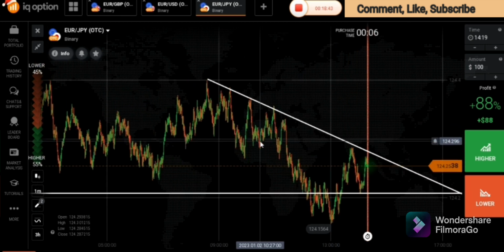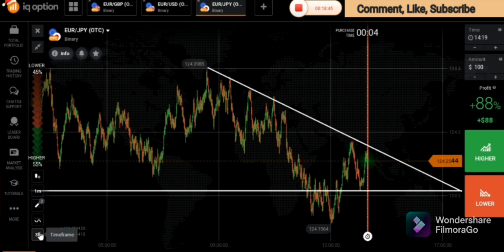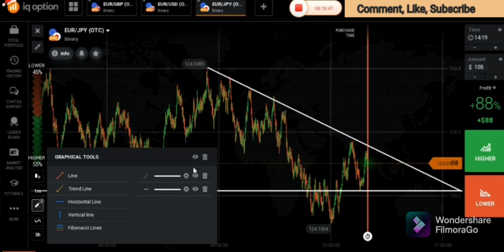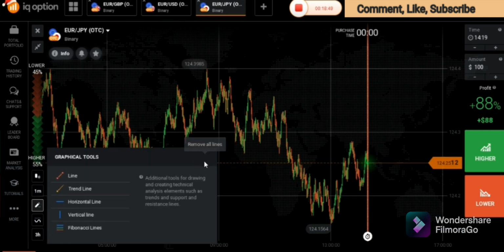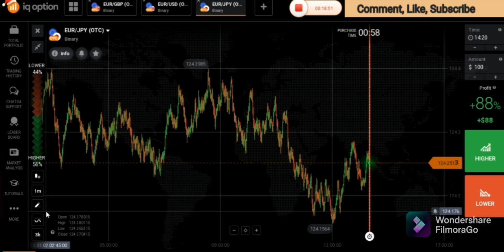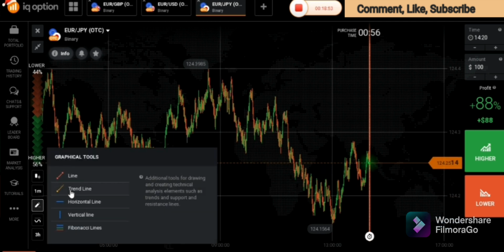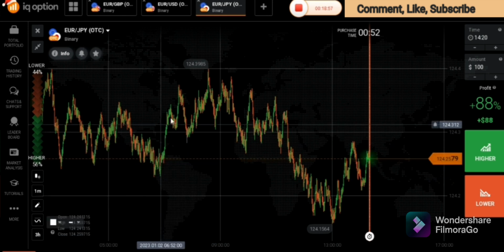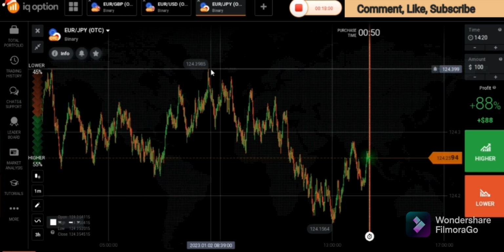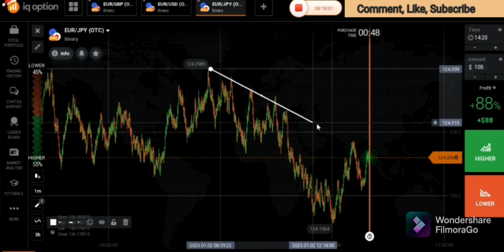So the first thing I did was let me take everything off. The first thing I did was I had to draw a resistance trend line.